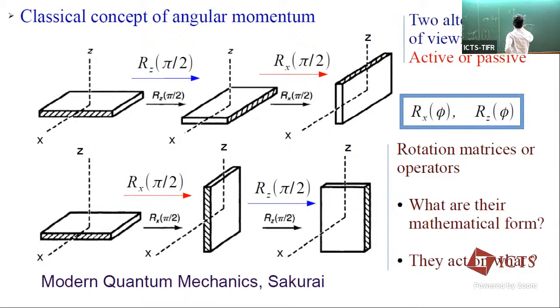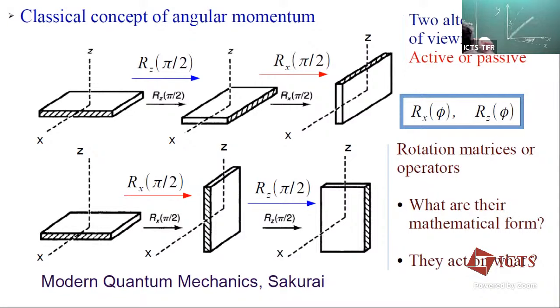Again, it remains orthogonal. Now the question arises, what will happen to the particle? If you look at the particle, it is at rest in this frame, and you are rotating only the coordinate frames. The particle still remains the same. Is there any change in the particle?